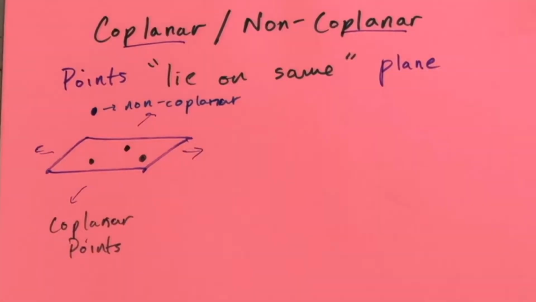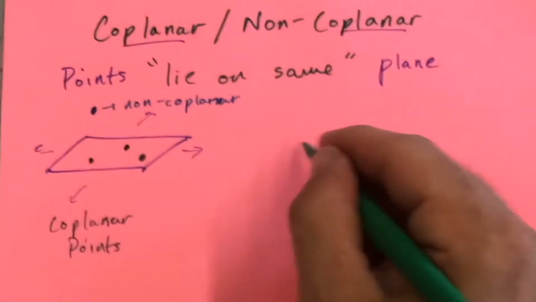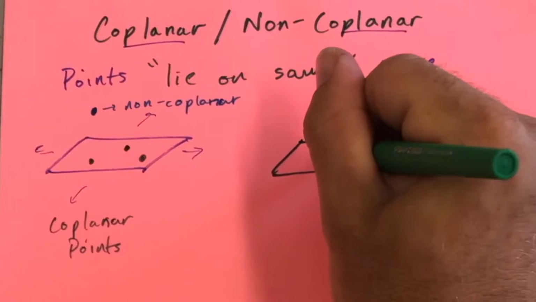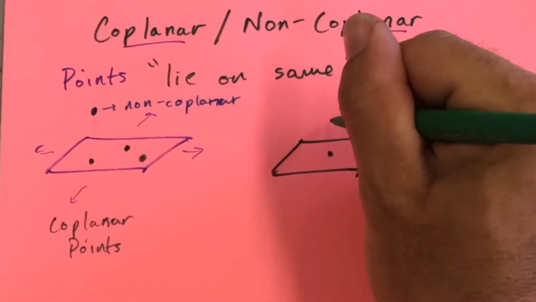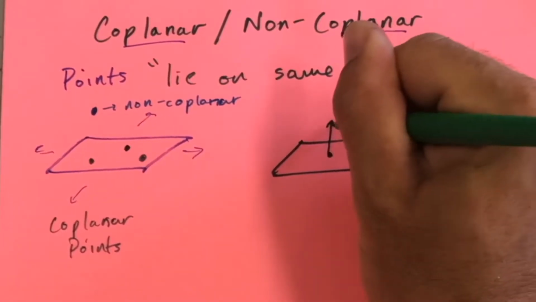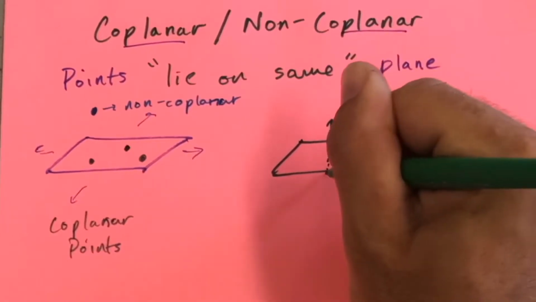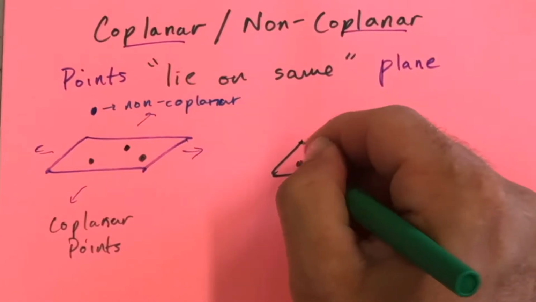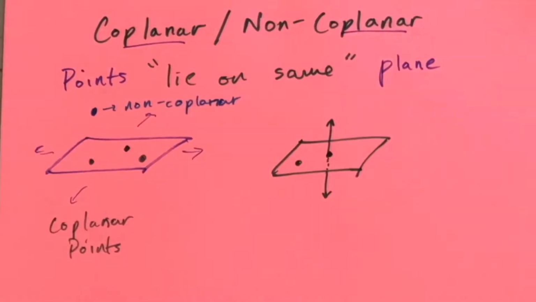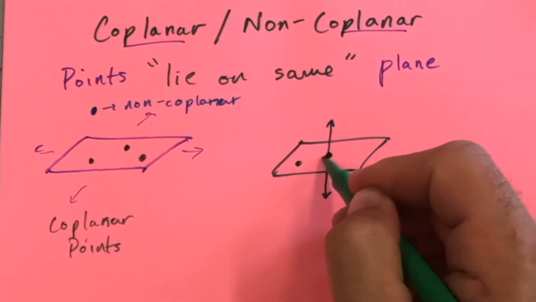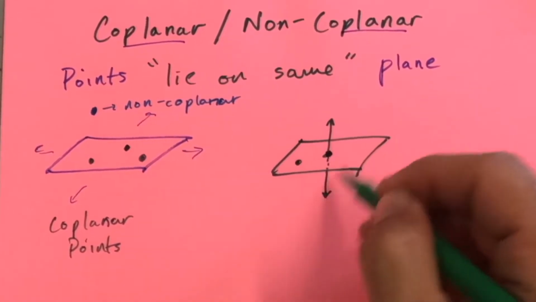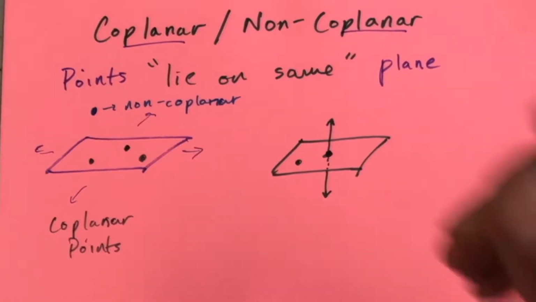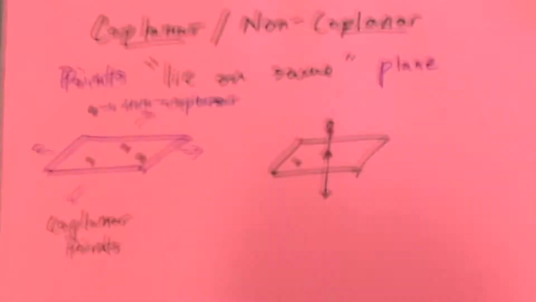And you could have different examples, or they'll present to you different scenarios in which maybe you have a line that intersects a plane here. I draw these dashes to show that it's behind, okay? And you could say that, let's say I have 3 separate points. I have this point, a line and a plane intersect at one point, this point here. And let's say I put another point on this line here, okay?